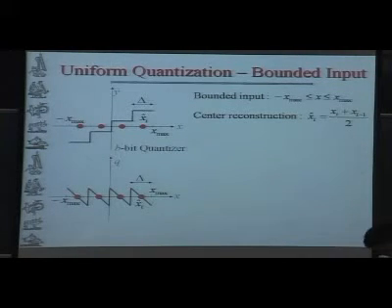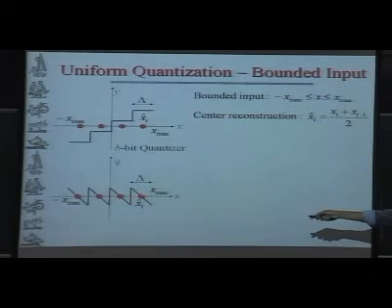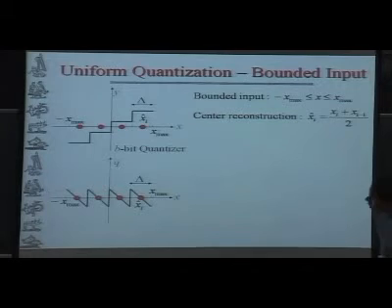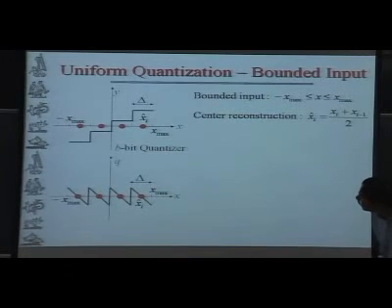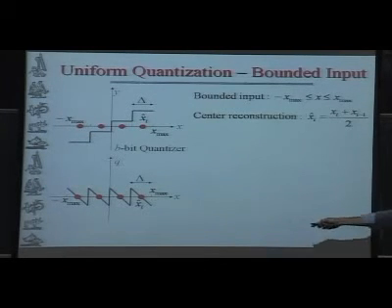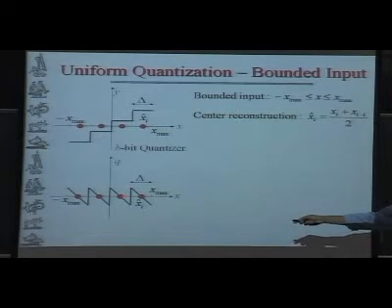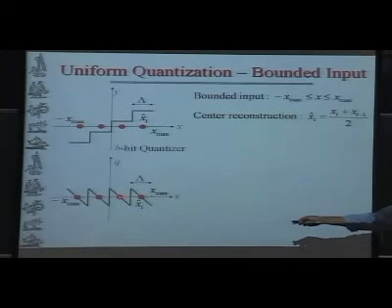Q is x hat minus x. Or am I drawing this right? So x minus x hat. X hat minus x, right? That's true. If x hat matches x perfectly, then I have 0 error, right here.